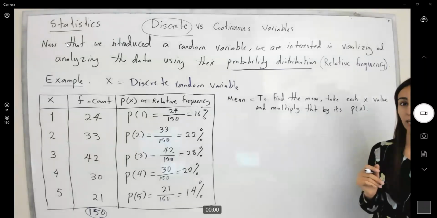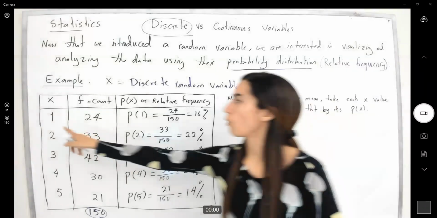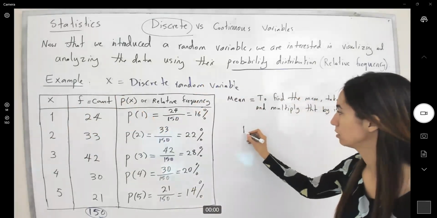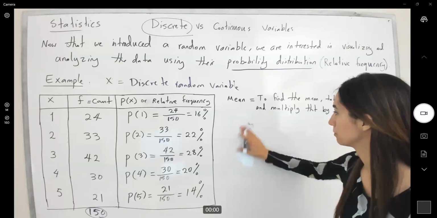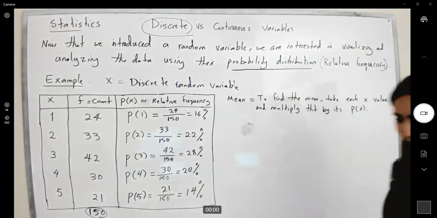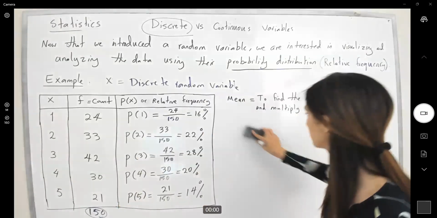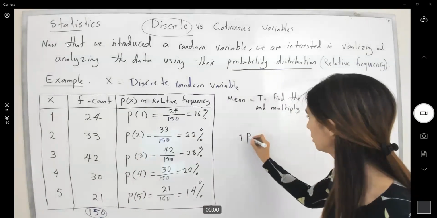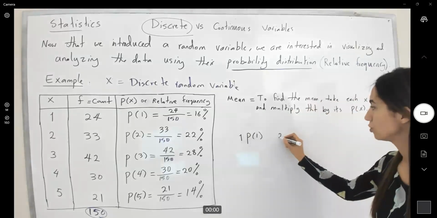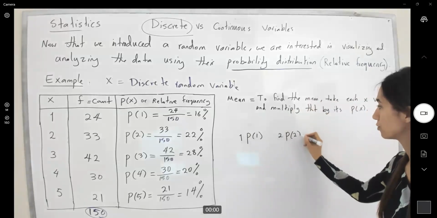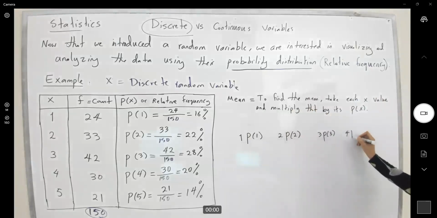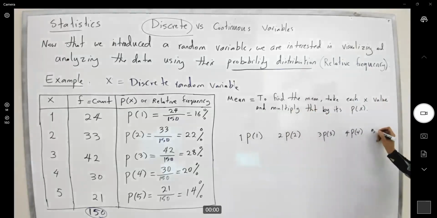So what do I mean by that? 1 times p of 1, 2 times p of 2, 3 times p of 3, 4 times p of 4, and 5 times p of 5.